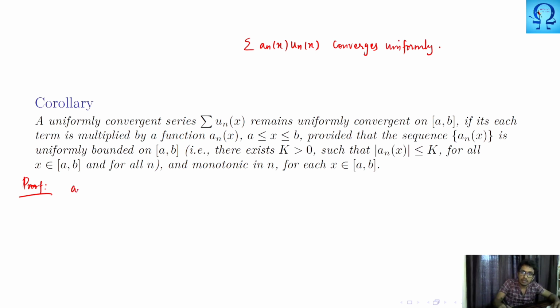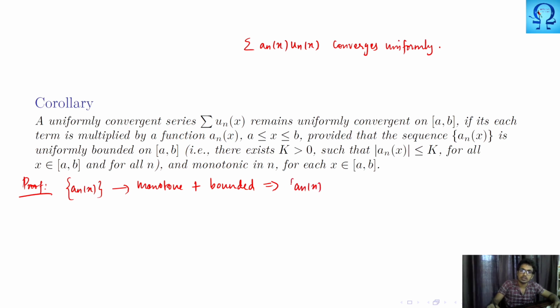So basically, this an of x is monotone plus bounded, which implies your an of x is converging pointwise.